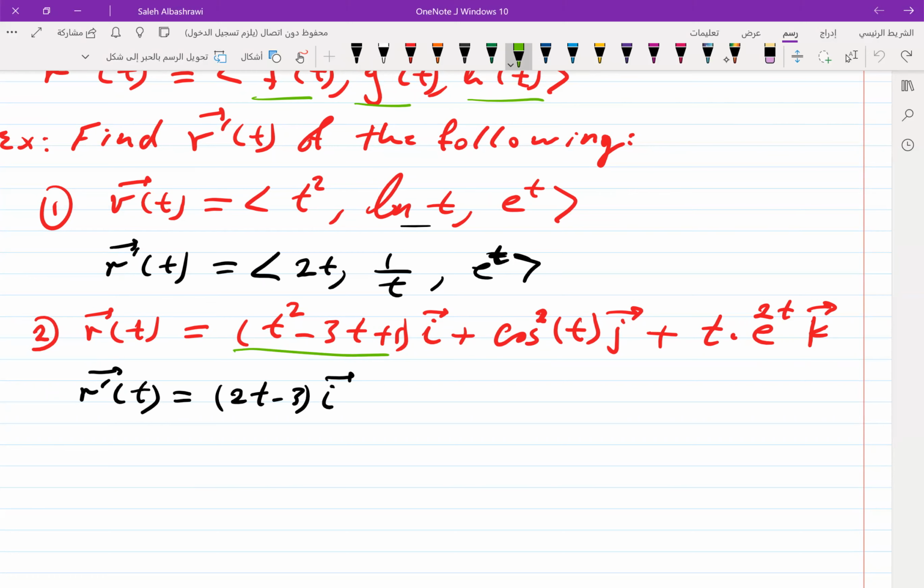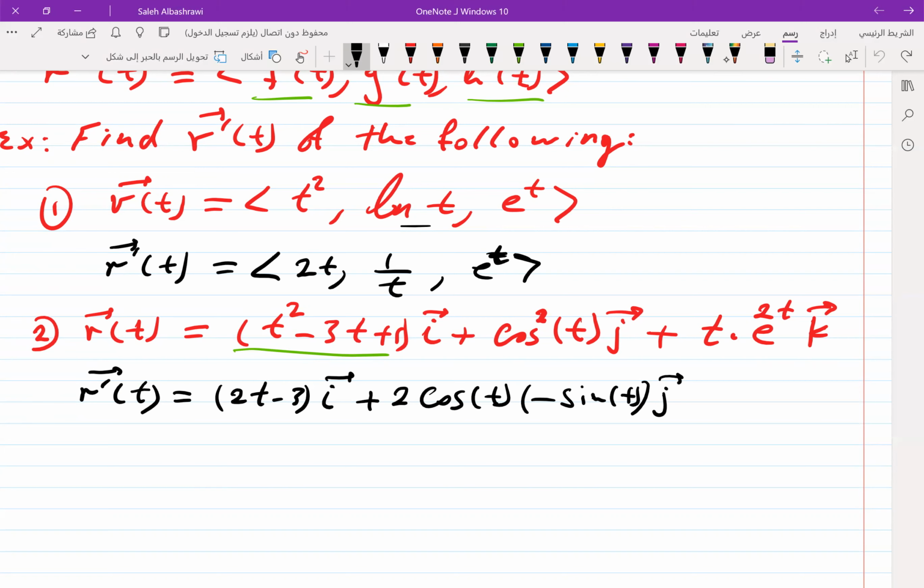The derivative of the second component, which is cosine square, plus j. We are going to apply the chain rule for the derivative. This is cosine square. The derivative will be 2 cosine of t multiplied by minus sine of t. Apply the chain rule.